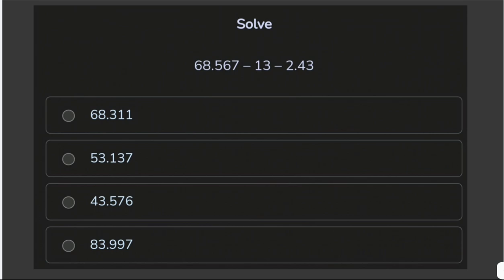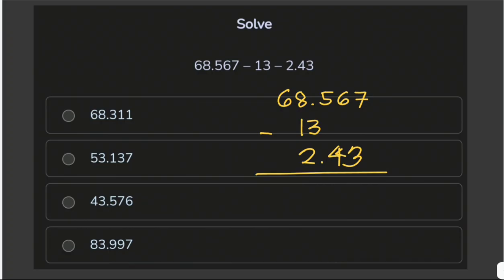All we have to do is line up the numbers by their decimal point. We write it this way: 68.567, then 13, minus 2.43. Now all of the place values are lined up.